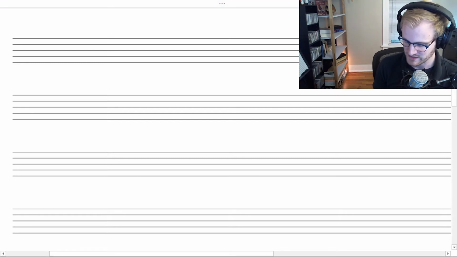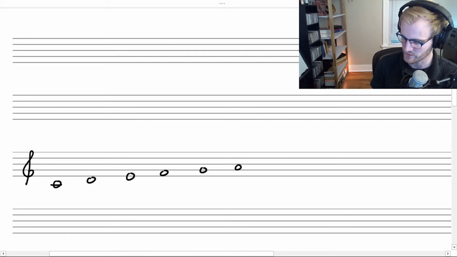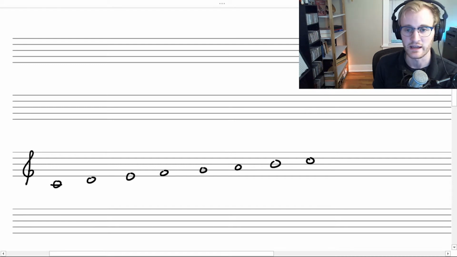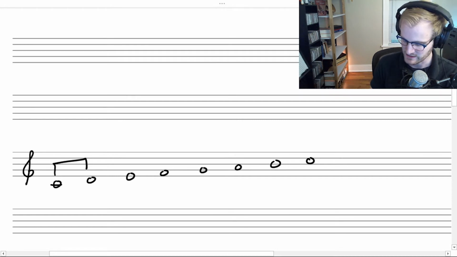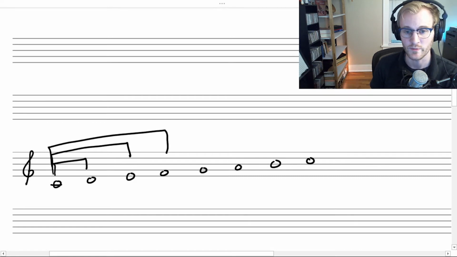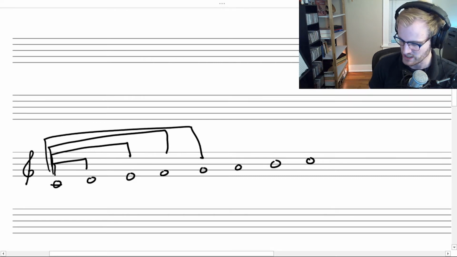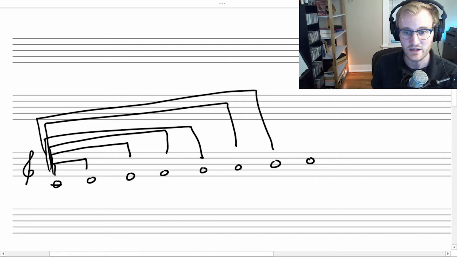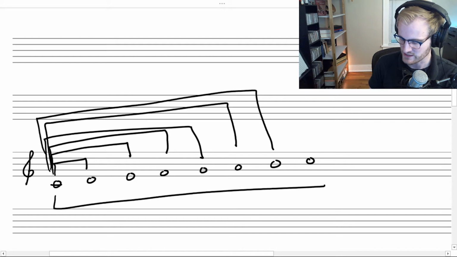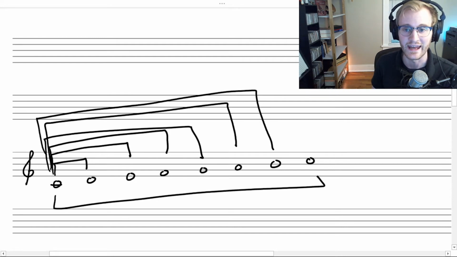So we had previously demonstrated the idea of this major scale, and how we could talk about the distance between any of the pitches of the major scale as a unison, second, third, fourth, fifth, etc. In other words, the distance from C to D would be an example of a second, and the distance from C to E would be an example of a third, and C to F would be an example of a fourth, C to G would be a fifth, C to A would be a sixth, C to B would be a seventh, and then lastly, I'll just draw this one down here, C to C would be an example of an octave.